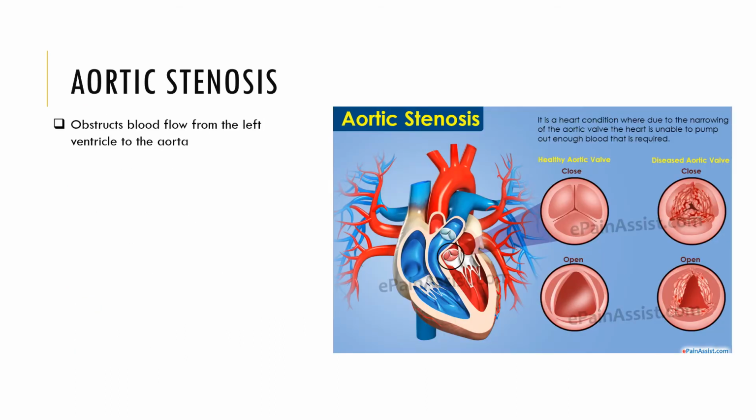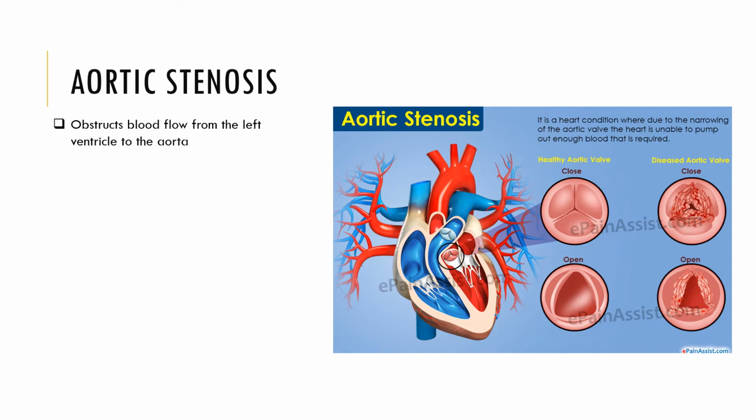Aortic stenosis. So remember, what does stenosis mean? Remember we said it's that narrowing or the inability to fully open. So this is the narrowing of the opening in the aortic valve when the valve cusp becomes stiff and rigid.